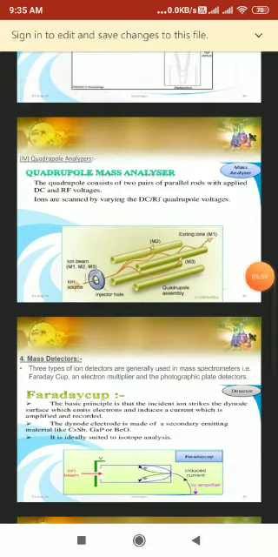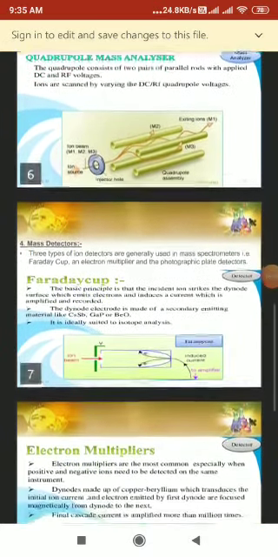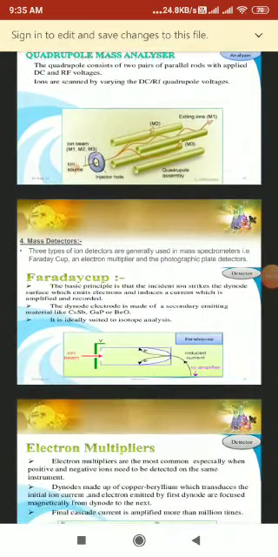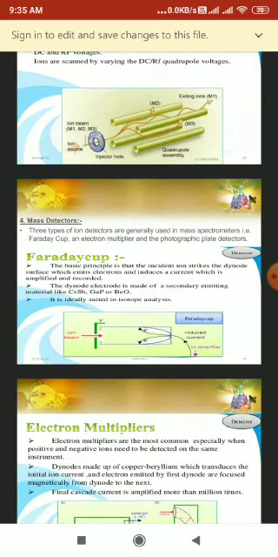Now the fourth basic component of instrumentation of mass spectroscopy is the mass detector. Three types of ion detectors are generally used in mass spectrometers: the Faraday cup, the electron multiplier, or the photographic plate detectors. The first type of detector is the Faraday cup collector.